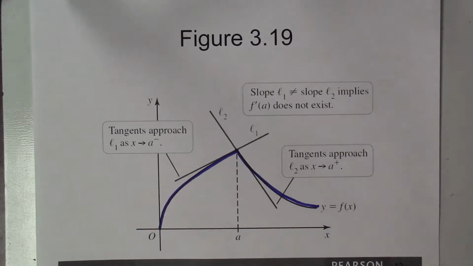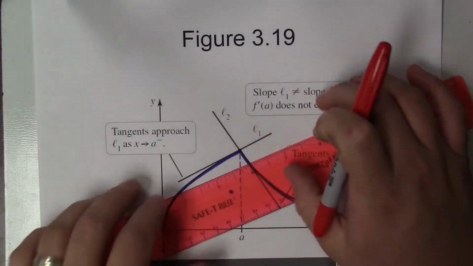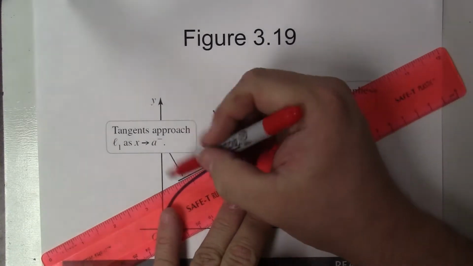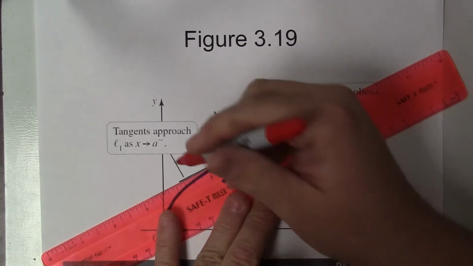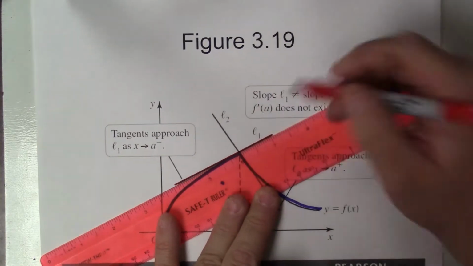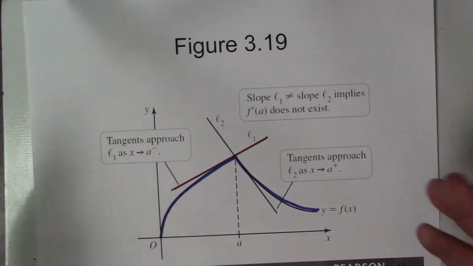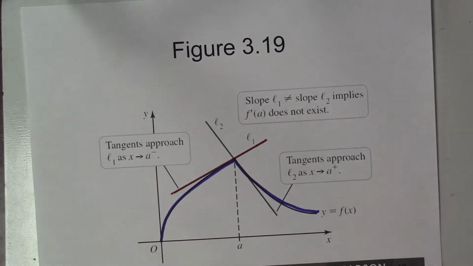Now, what I can say is, all right, what's the slope doing as I come from the left? As I come from the left, I've got a positive slope, and it's very obvious. Hey, look, there's the slope if I look at it from the left.